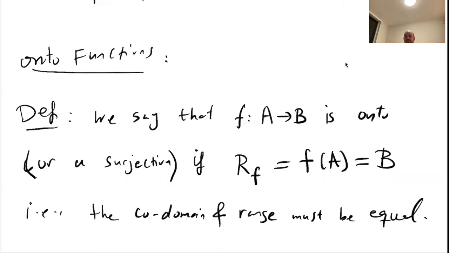Remember that we said, in general, the codomain might be equal to the range, or might be bigger than the range. Now, if they're equal to each other, then we call the function onto or surjective.